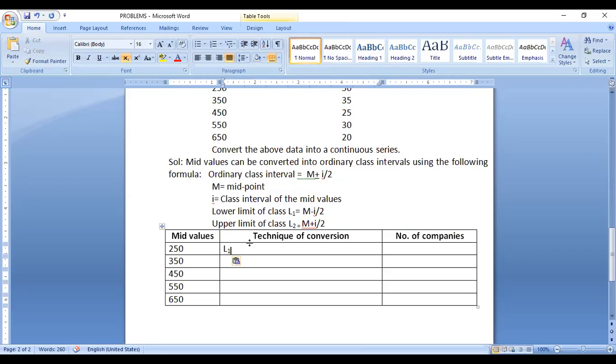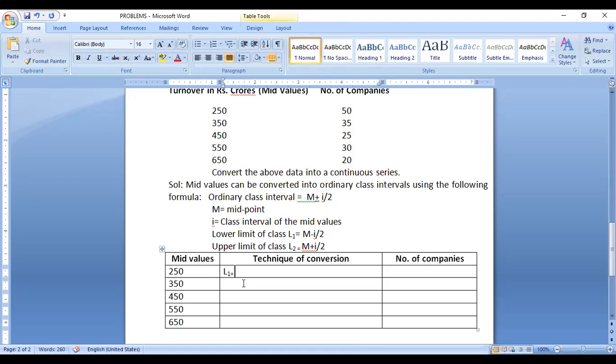So L1 is equal to 250 minus the difference between two midpoints, that is 250, 350, difference is 100.